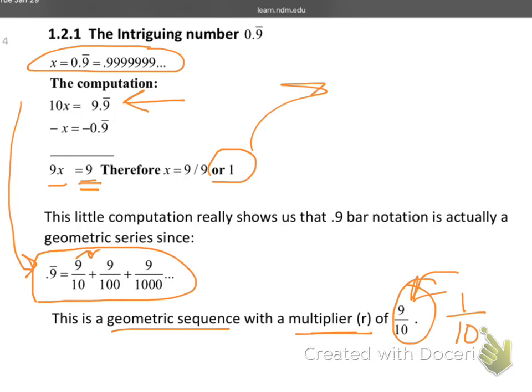To go from 9/100 to 9/1000, you multiply by 1/10. So your r equals 1/10, and we're going to learn later on that as long as r has an absolute value that's less than 1, your series will converge to a number. And in this case, our number is 1. Alright, now we're ready to go on to the next page.